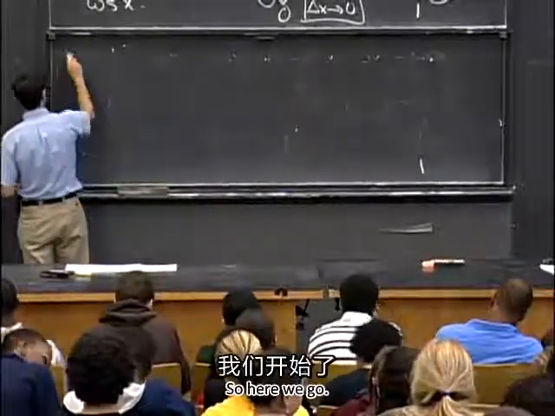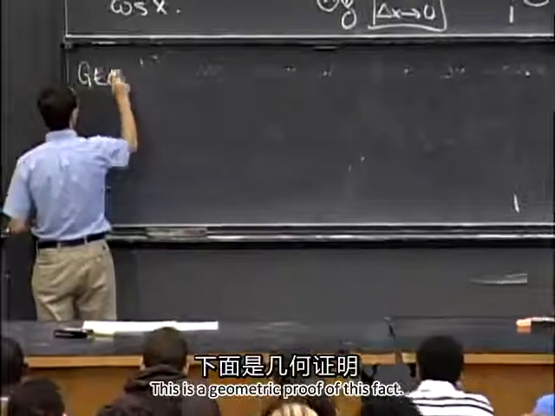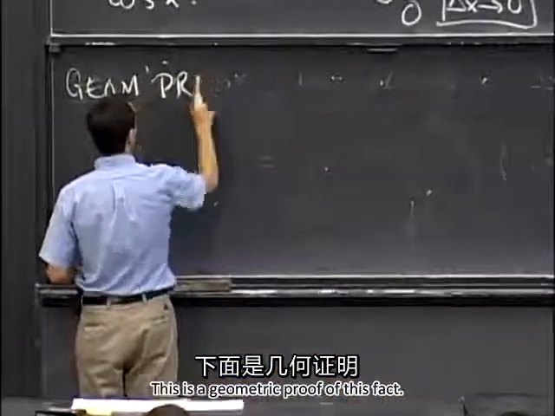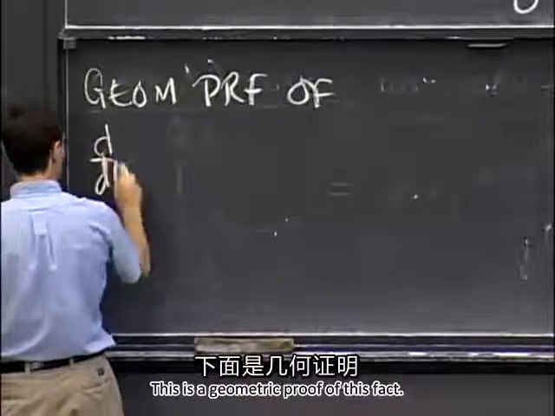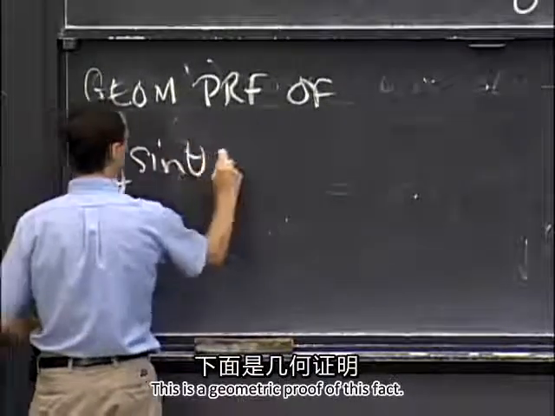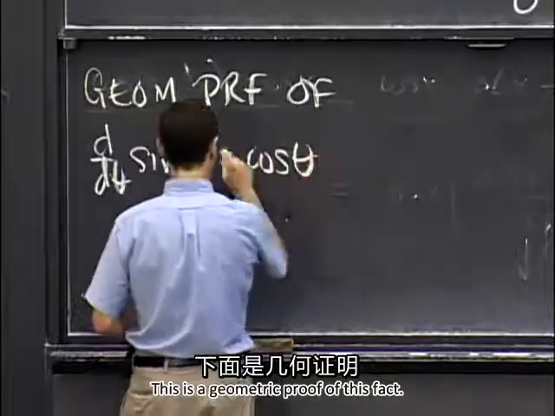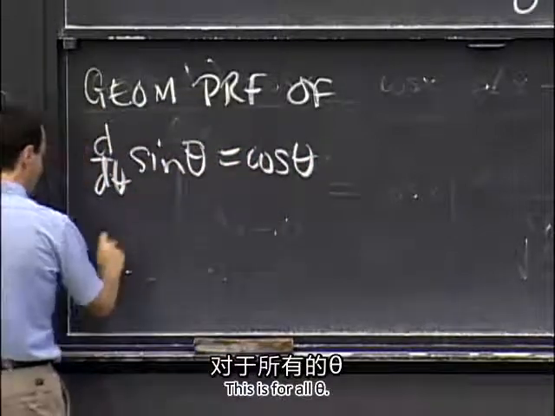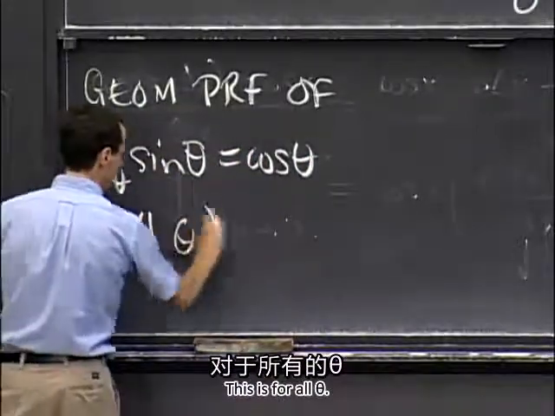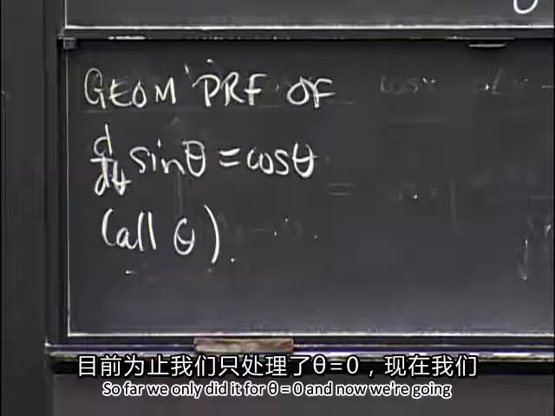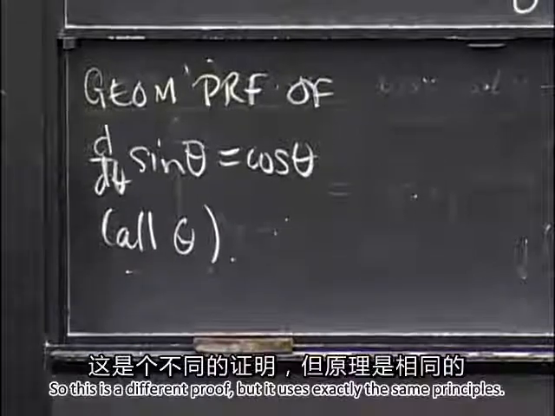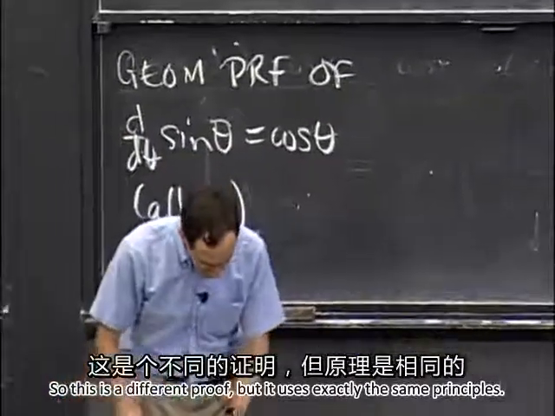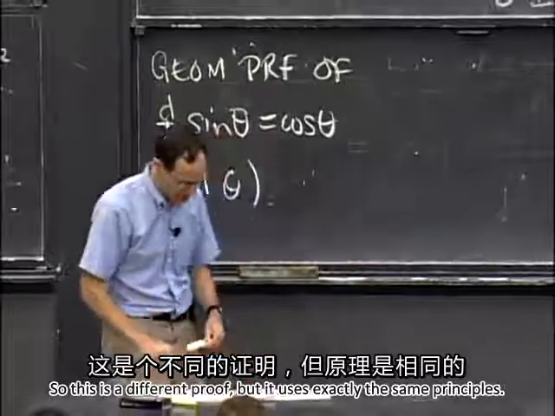So here we go. This is a geometric proof of this fact. This is for all theta. All right, so far we only did it for theta equals 0. And now we're going to do it for all theta. So this is a different proof, but it uses exactly the same principles.